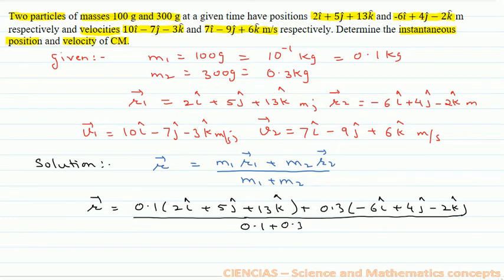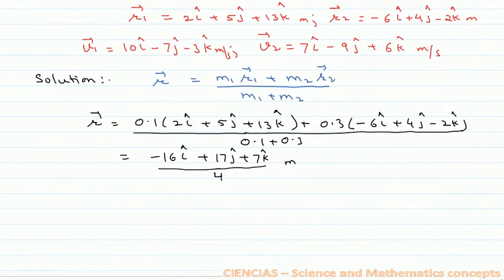On solving this, we get minus 16i cap plus 17j cap plus 7k cap divided by 4 meter.